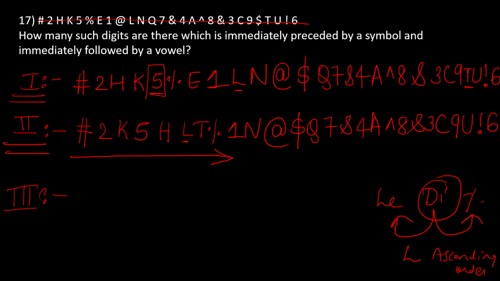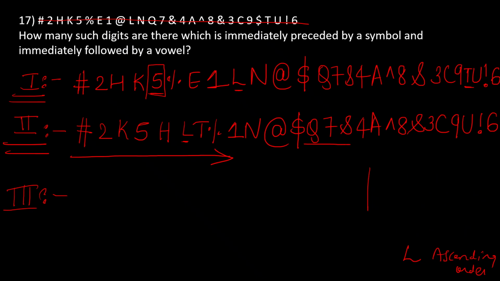So first we will see this pattern. Where is this pattern in step 2? Digits preceded by a letter followed by a symbol. If you see carefully, there is only one here, that is Q7 and.